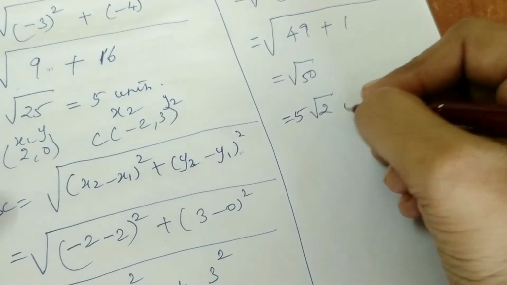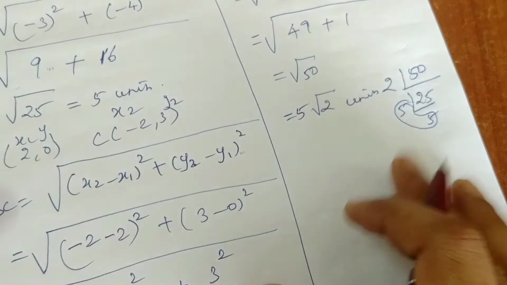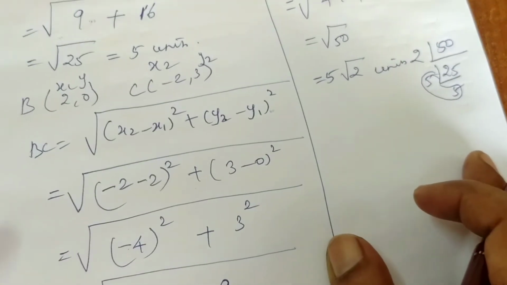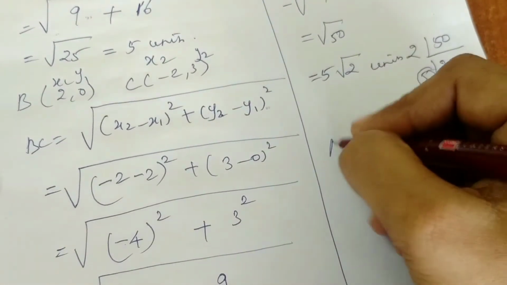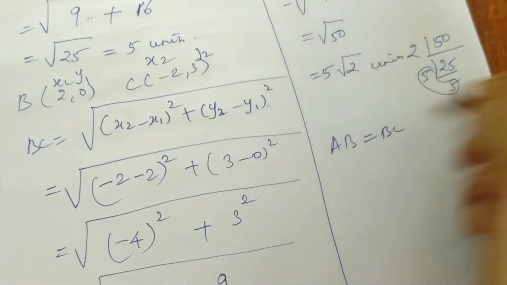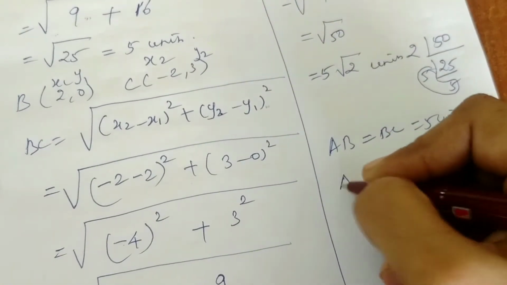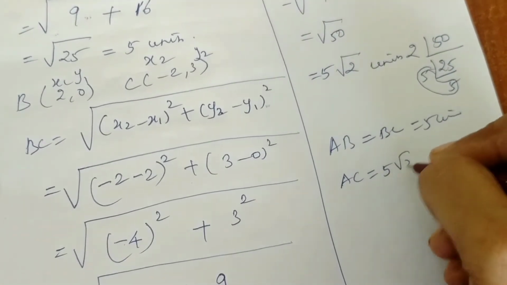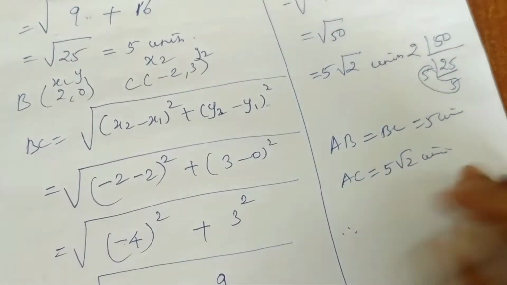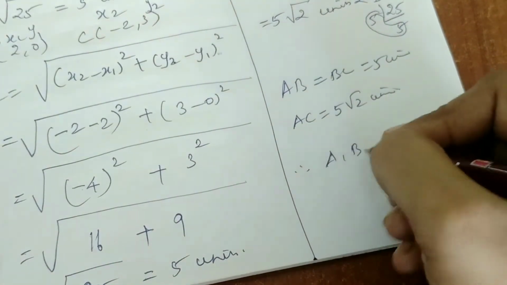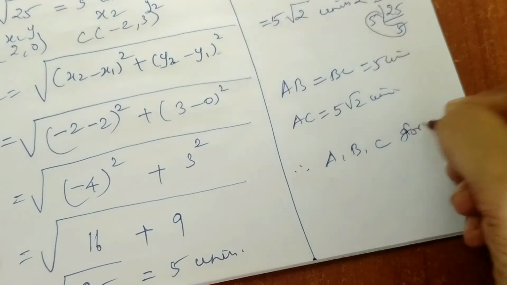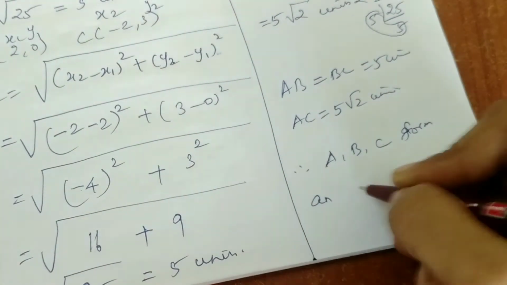So 5 root 2 units. This is our AC value. So in this problem our AB distance equals BC distance equals 5 units, and AC distance is different, 5 root 2 units. Therefore ABC form an isosceles triangle.